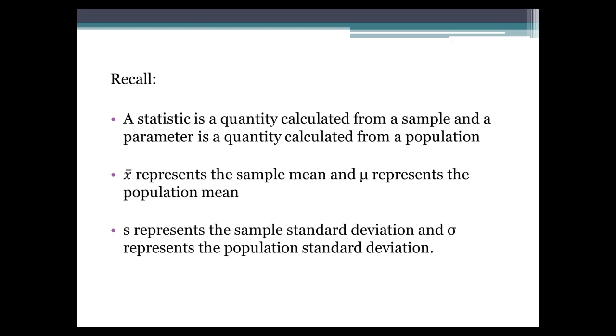So some things to review before we get started. A statistic is a quantity based on a sample, like the sample mean. And a parameter is a quantity based on the population, like the population mean. Some notation that we've seen, but it's important for you to know now. If you don't have this already in your mind, write it down and keep it handy.